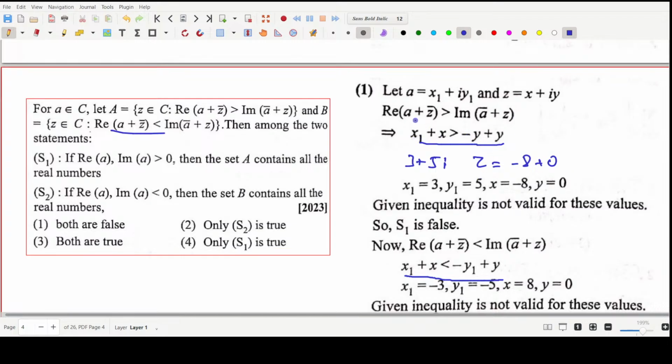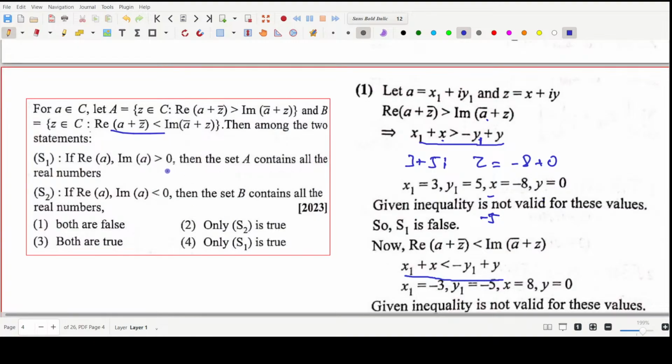So this one, x1 plus y1 imaginary of a dash, this is minus y1, right? Agreed? So if we substitute here, x1 plus x, what is it? x1 plus x is minus 5, right? We can choose any, whichever you choose.